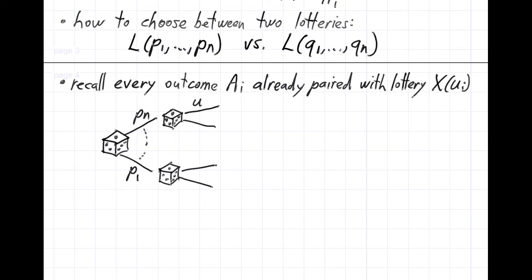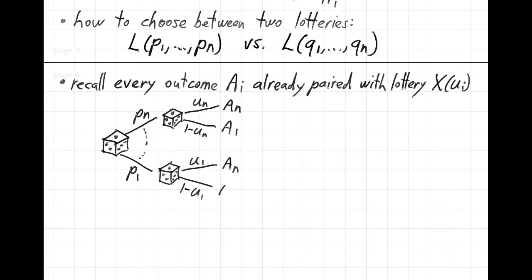So it was UN chance of paying out AN and 1 minus UN chance of paying out A1 for the very top case, and for the very bottom case, probability of U1 paying out outcome AN, and 1 minus U1 of paying out the worst outcome, A1, and all the other outcomes in between would also have lotteries.